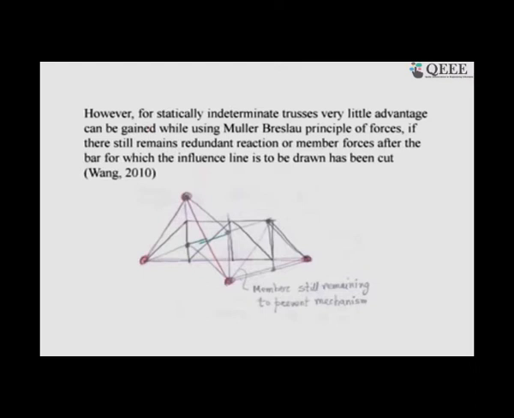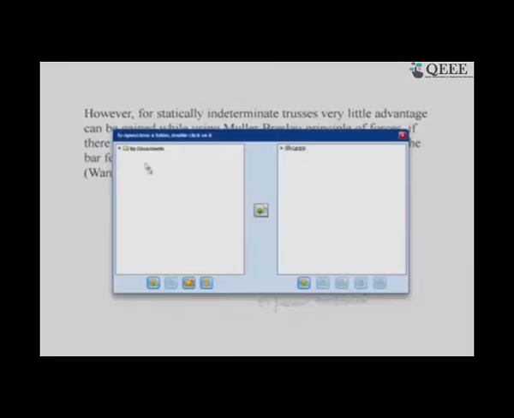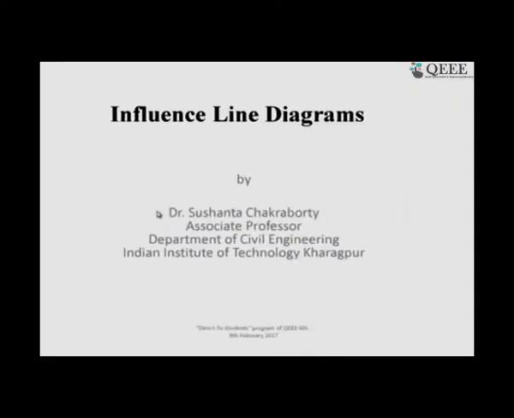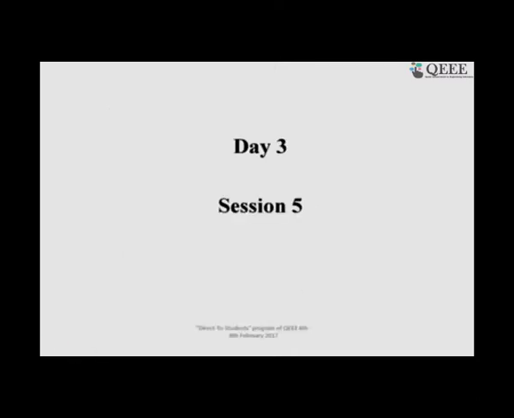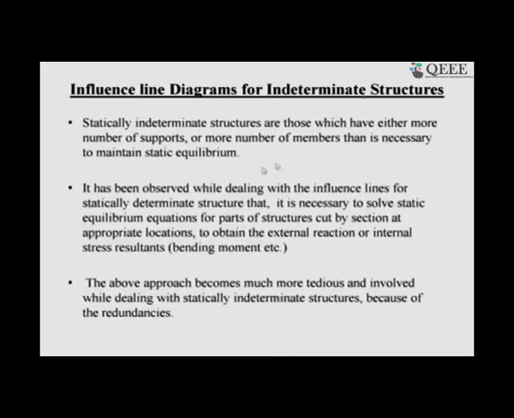Yes, please. I think we have concluded with 4 sessions how to draw the influence line for point loads, and how to extend it to uniformly distributed load, but we have always restricted them to statically determinate structures. So, today, session 5, we will extend the idea to influence line diagrams for indeterminate structures.